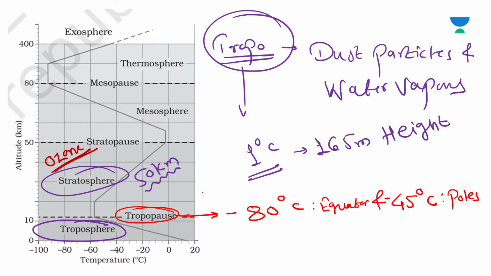Then the mesosphere, which lies above the stratosphere, extends up to the height of 80 kilometers.